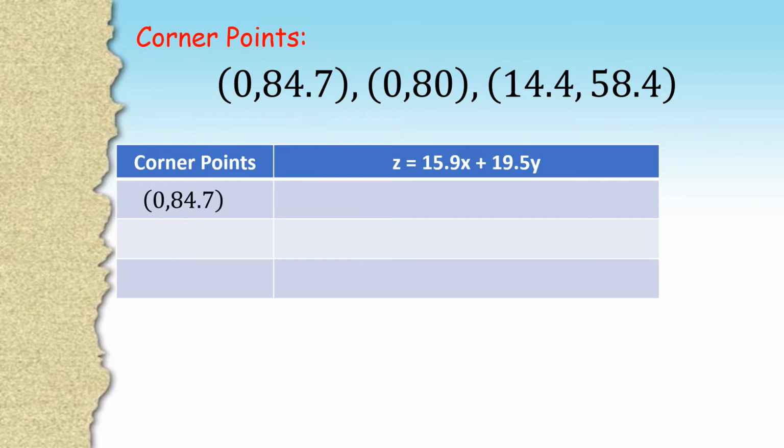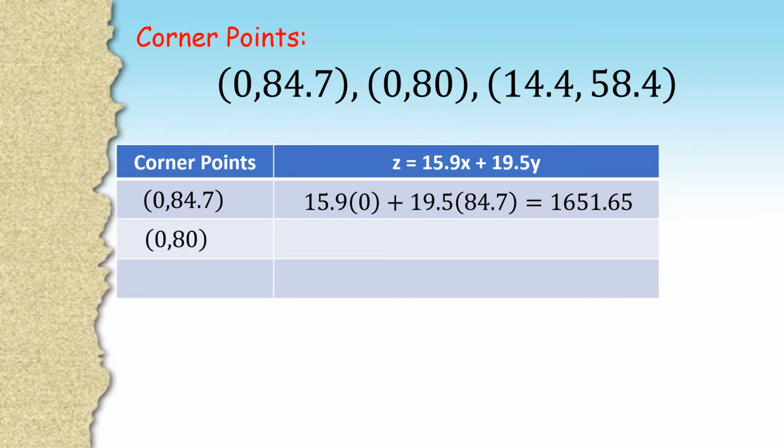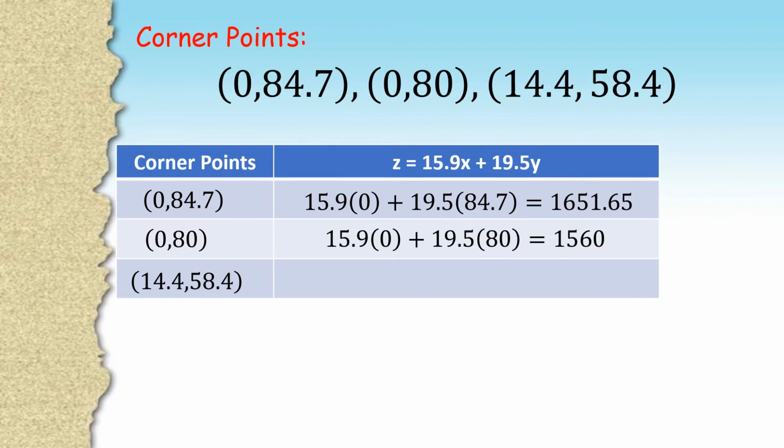So at (84.7, 0), the value of our objective function is 1651.65. And at (0, 80), the value of our objective function is 1560. While at (14.4, 58.4), the value of our objective function is 1367.76.